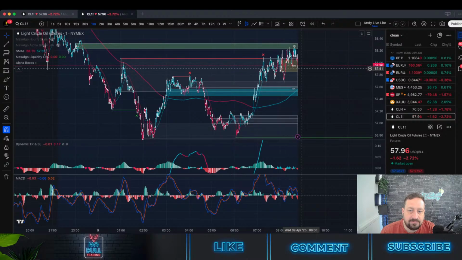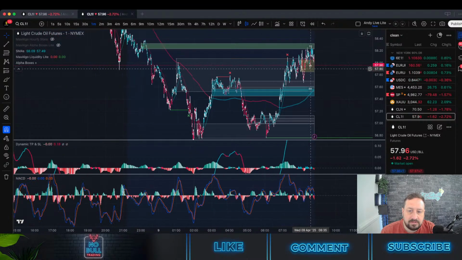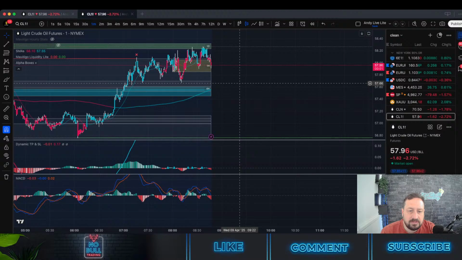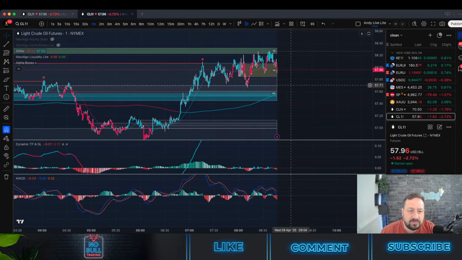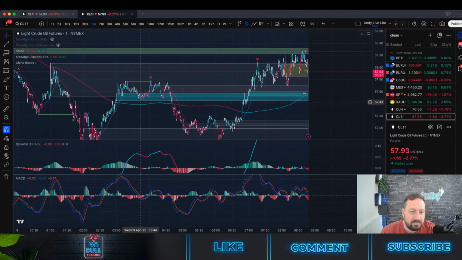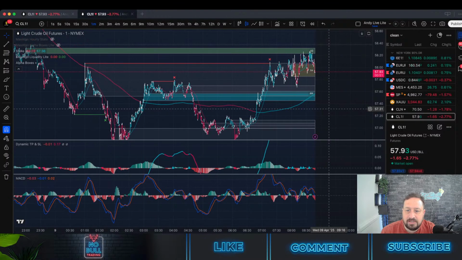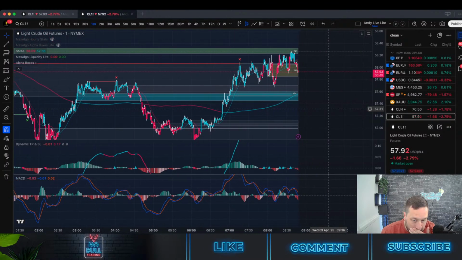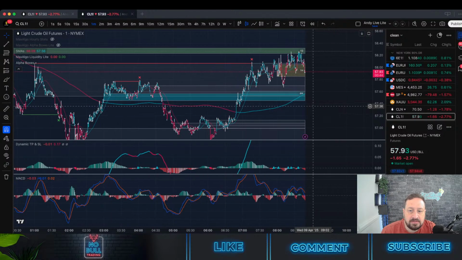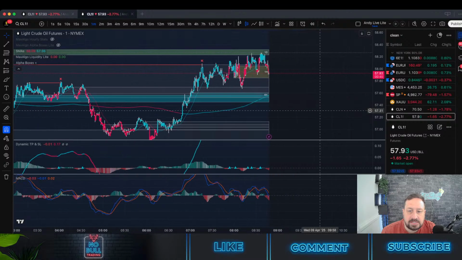The hourly we've been holding, so it'd be interesting to see whether we now reject from there. The 4 hour is a bit messy. We've been under, above. So with it being later on the 4 hour, I would expect this 4 hour to hold in CL.